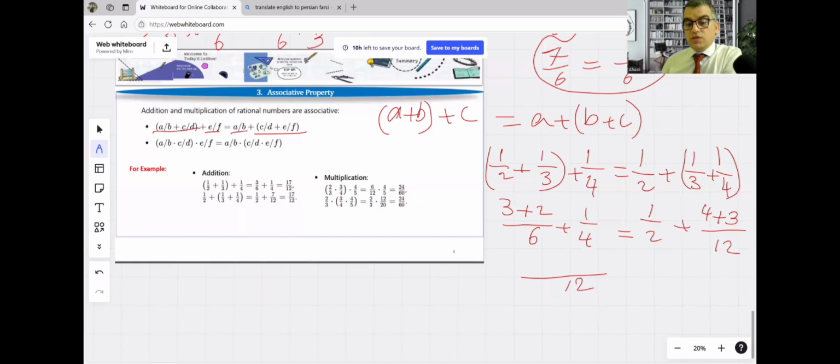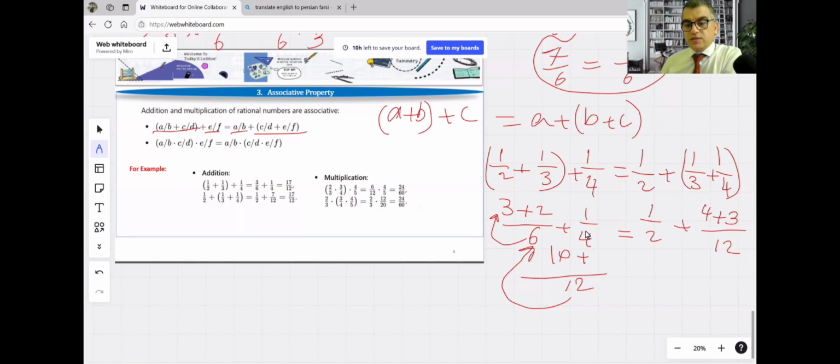So 12 is the common denominator. Divide the common denominator by each denominator and multiply the result by the numerator. So 12 divided by 6 is 2, 2 times 5 is 10, plus 12 divided by 4 is 3, 3 times 1 is 3.